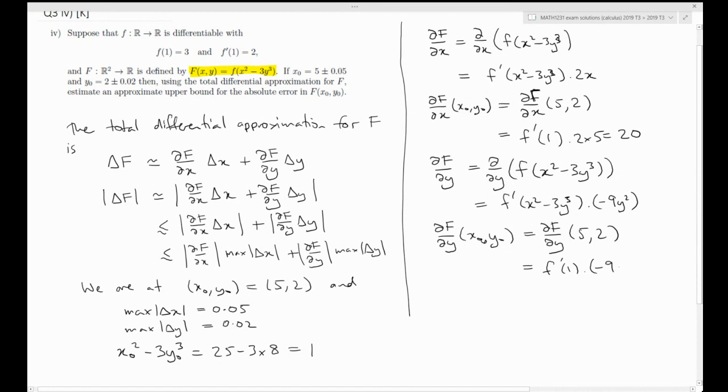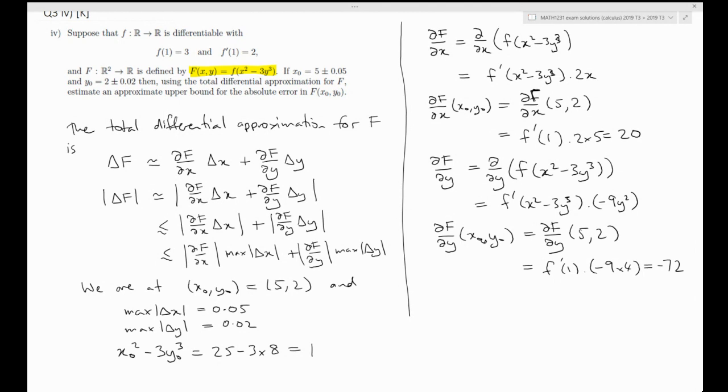Y is 2, y squared is 4. So that's, what's f dashed of 1? That's 2. F dashed of 1 is 2, so this is minus 72. Okay, minus 72. All right, so now we've got pretty much the information we need to finish this off.